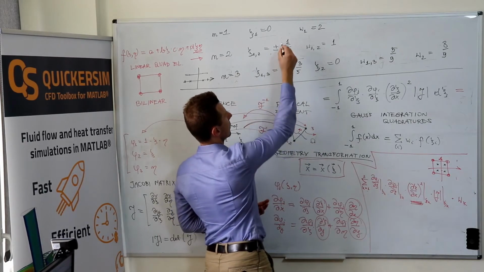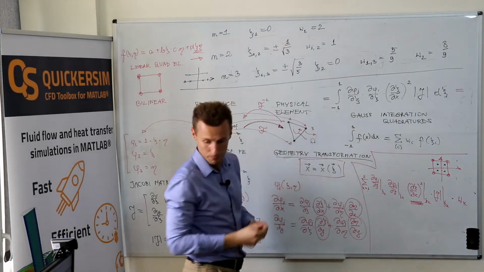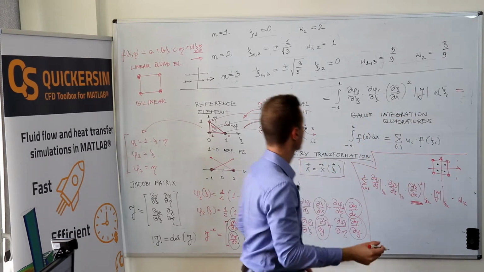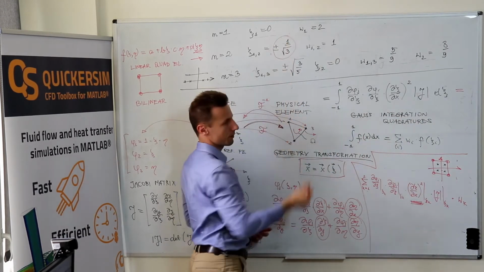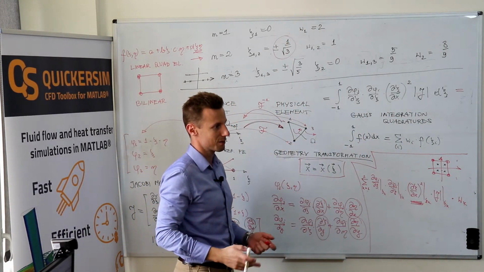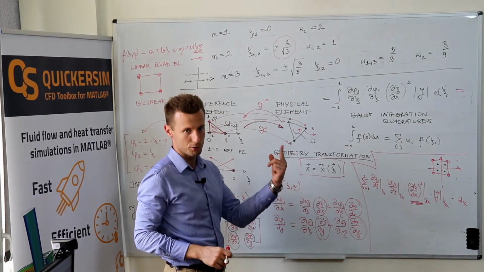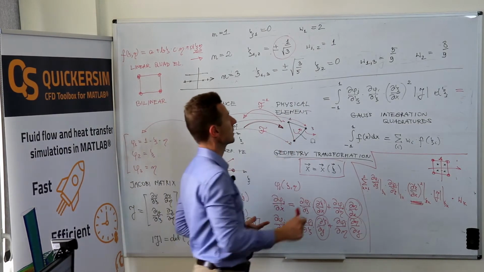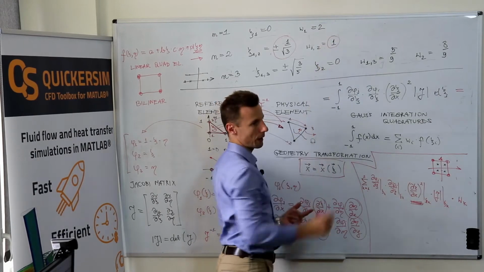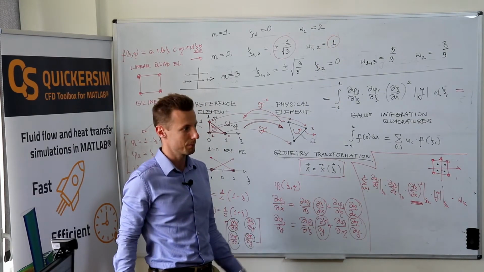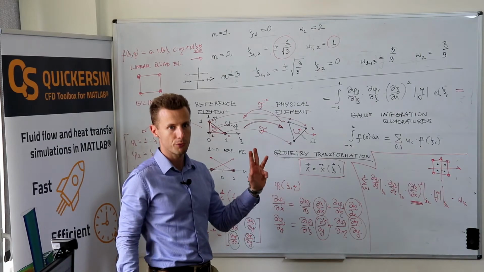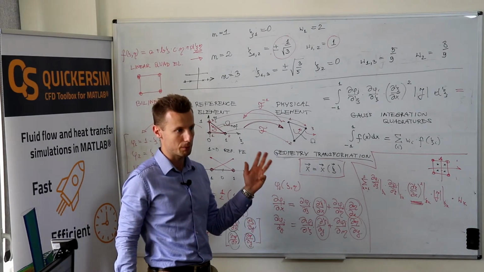For 2 points, you've got 2 integration points, which happen to be symmetric, but it's just coincidence. So you've got 2 integration points that you can optimize, and you've got 2 weights, which also happen to be symmetric by accident, but generally you've got 4 free parameters that you can optimize.